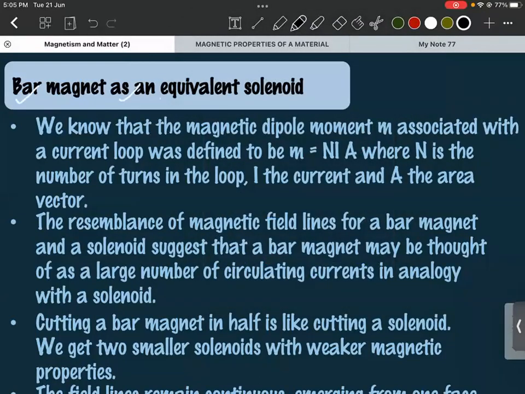A solenoid and a small bar magnet behave in a similar way, except that a solenoid is a temporary magnet and a bar magnet is a permanent magnet. I repeat, the topic is, please write it down, bar magnet as an equivalent solenoid.